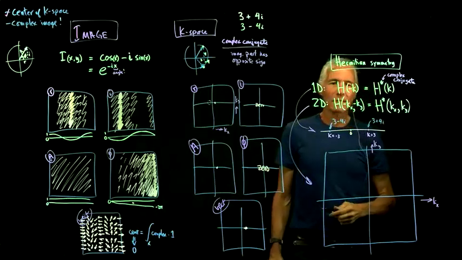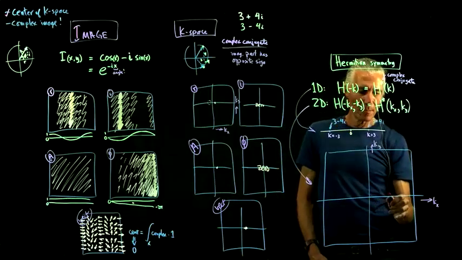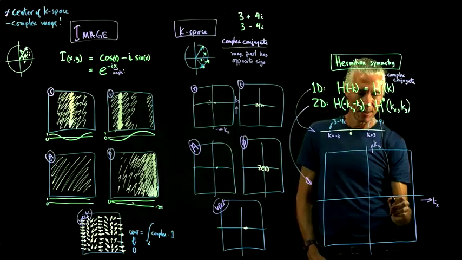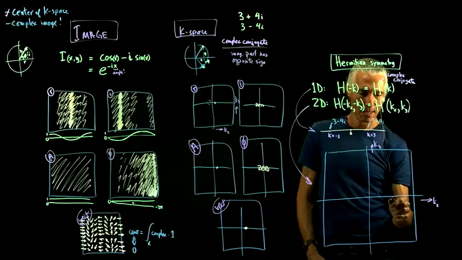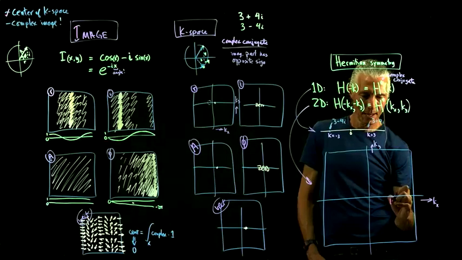If we take a point right here, let's use the 3, 4 example again. Say this point is kx equals 7, ky equals 2.